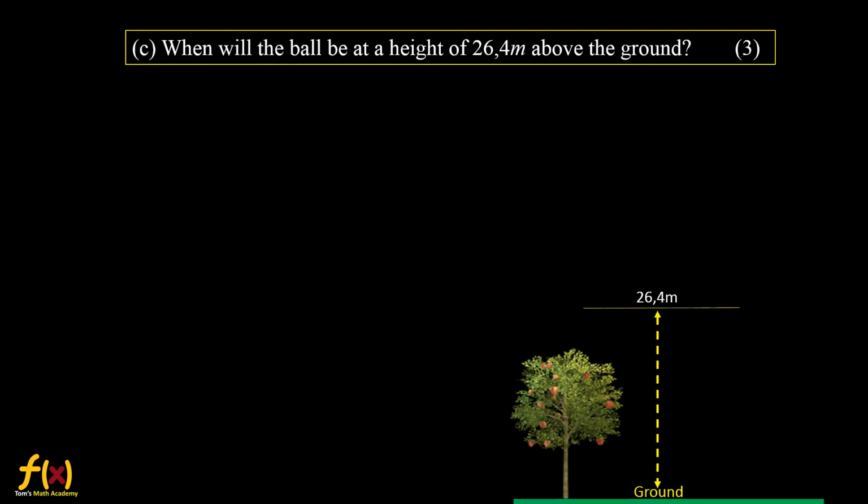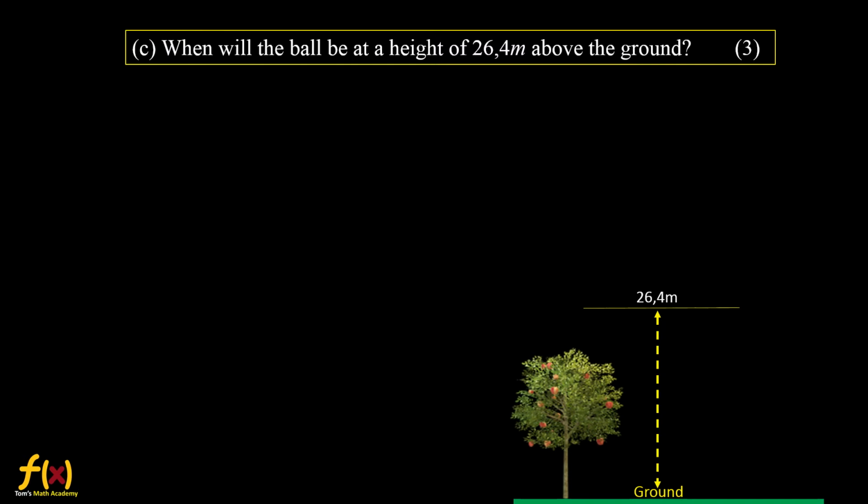Question C: when will the ball be at a height of 26,4 meters above the ground? Look at the diagram. The ground and the level 26,4 meters. In question A, we already calculated the height after 2 seconds and we got 26,4 meters. But that is not the only time.